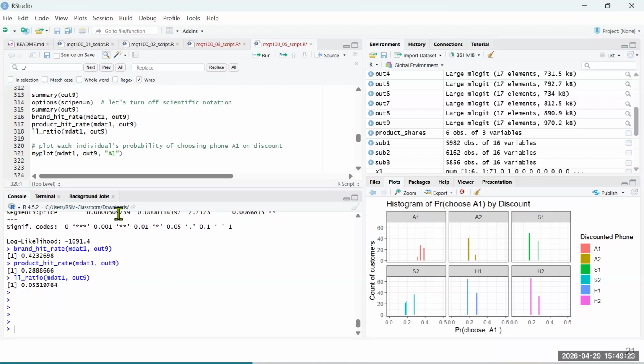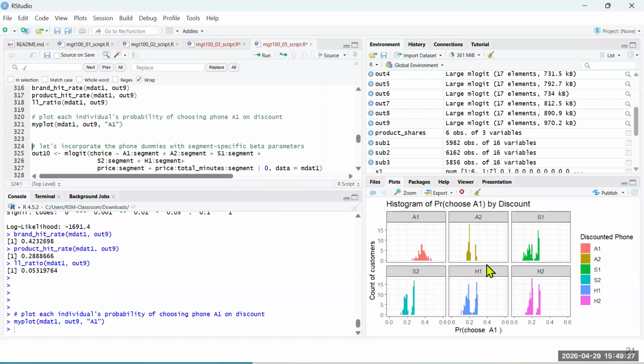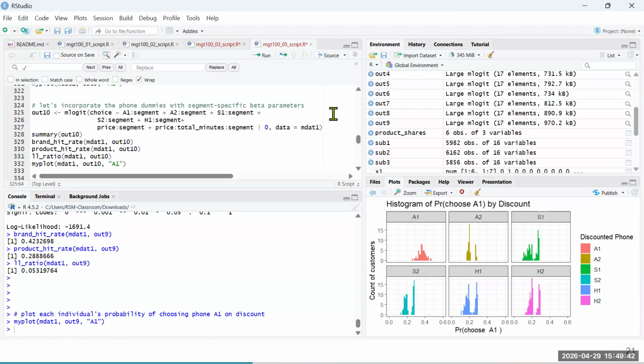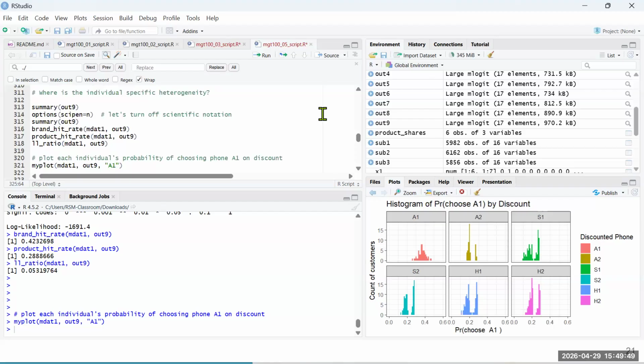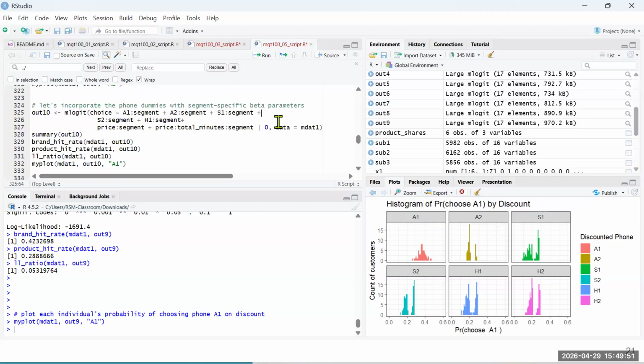This time it improved up to 28.9%. And when we look at the model's distribution of predicted choice probabilities, we've now got a mix of mass points and tails. Okay, and then model 10 is going to be the first time that we incorporate phone dummies.